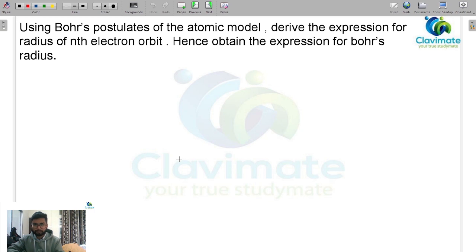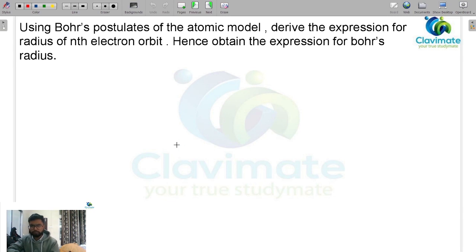Moving on to the next question, which is using Bohr's postulates of atomic model, derive the expression for radius of nth electron orbit, hence obtain the expression for Bohr's radius.